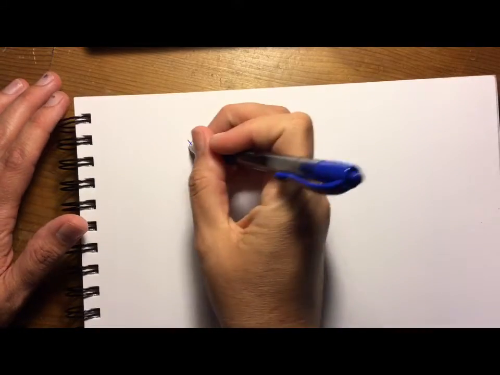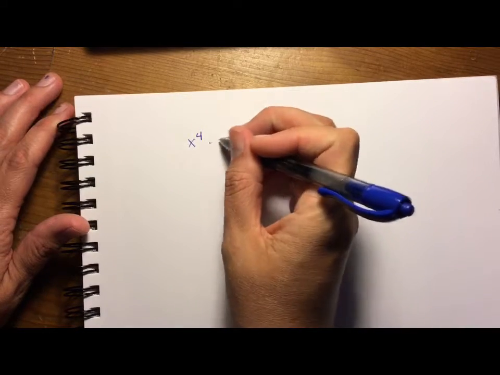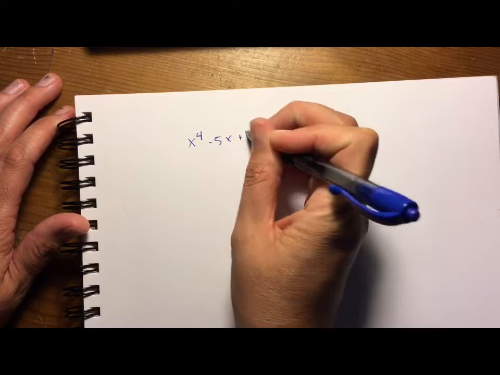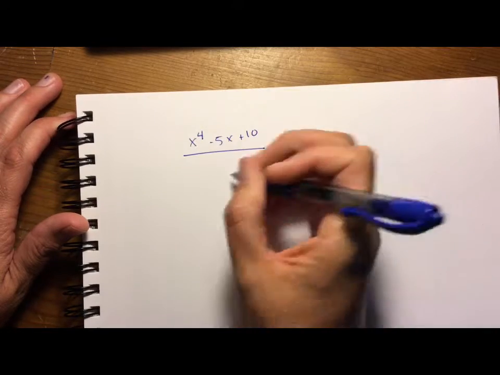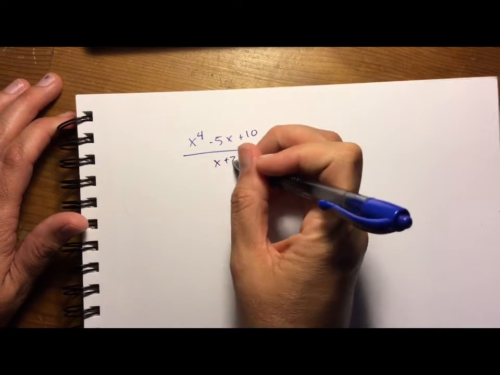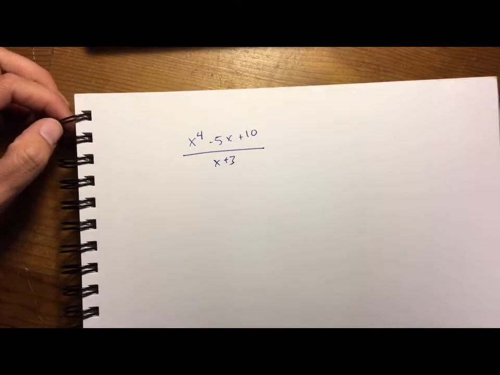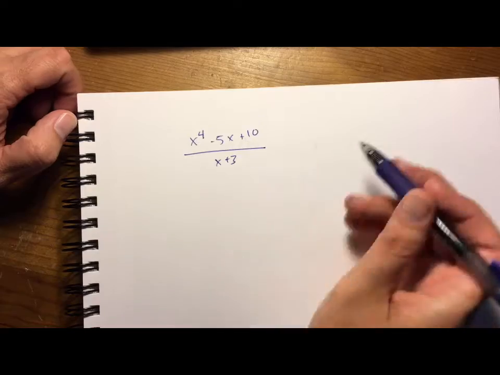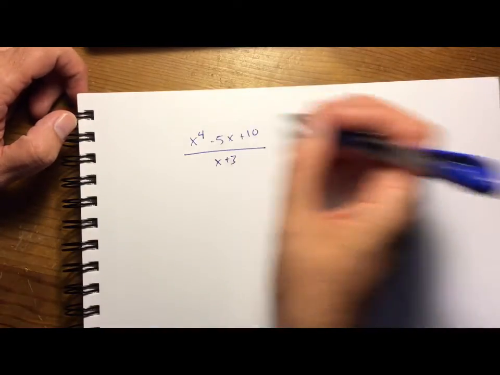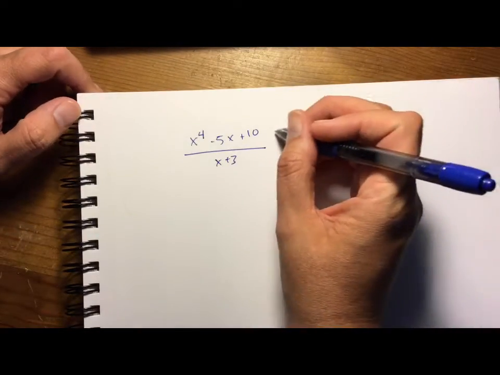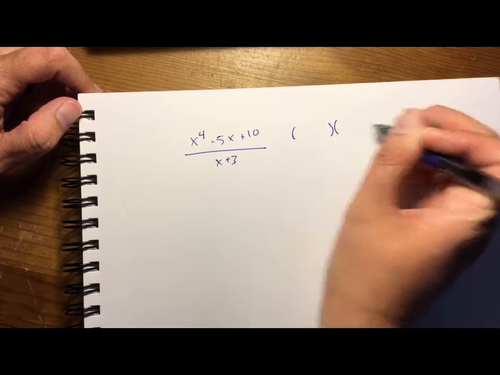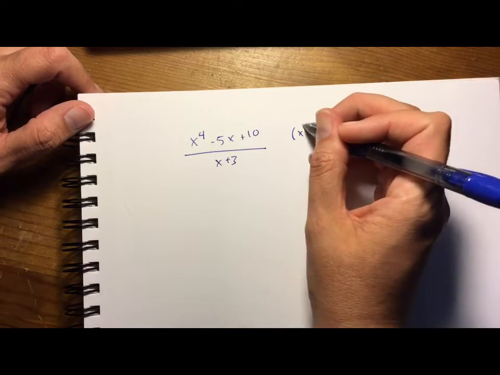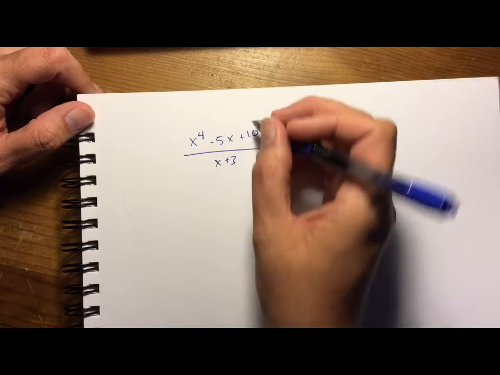Alright, so what if you have something a little bit bigger, like x to the 4th minus 5x plus 10, and you're asking if x plus 3 is a factor? Could we factor this? If we tried, this could be x squared and then 10.